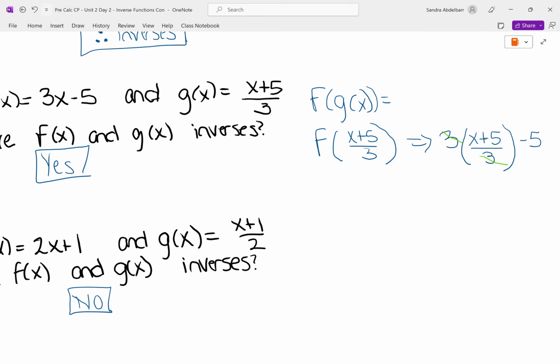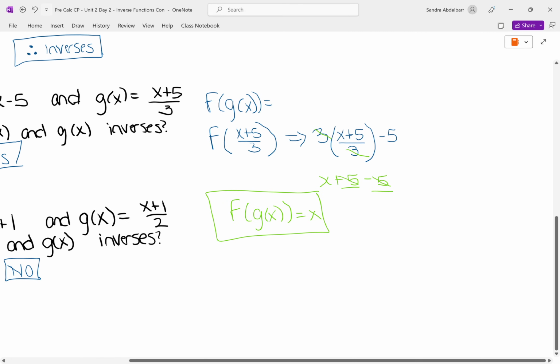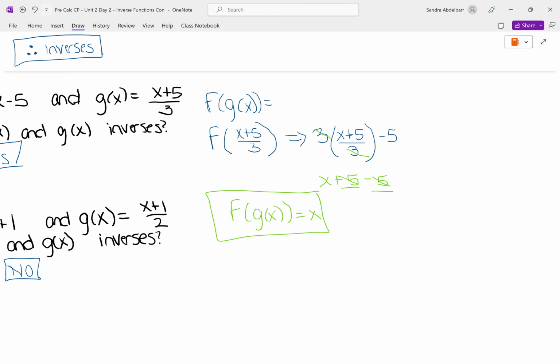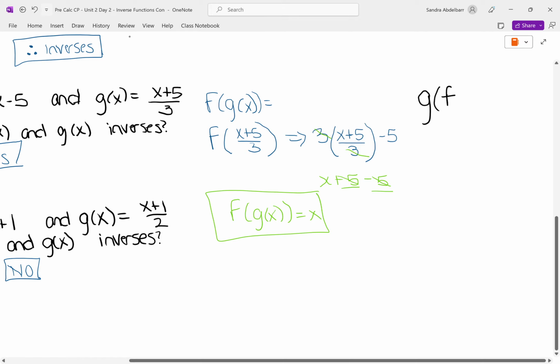These 3's cancel. So we're just left with x plus 5 minus 5. Positive 5, negative 5, they cancel. So we get f of g of x is equal to x. We're not done yet because I have to show both scenarios. So now I also need to show that g of f of x is equal to x.